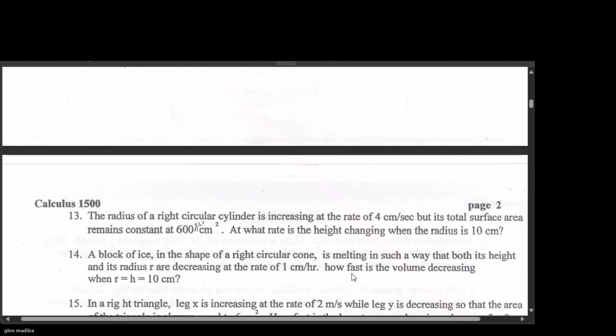I didn't take the dr as -1. I said dr is what I'm looking for. So I isolated dr and then took everything else, the dt over dt, they canceled out. And then I just had dr is equals to 1/100 pi dv.